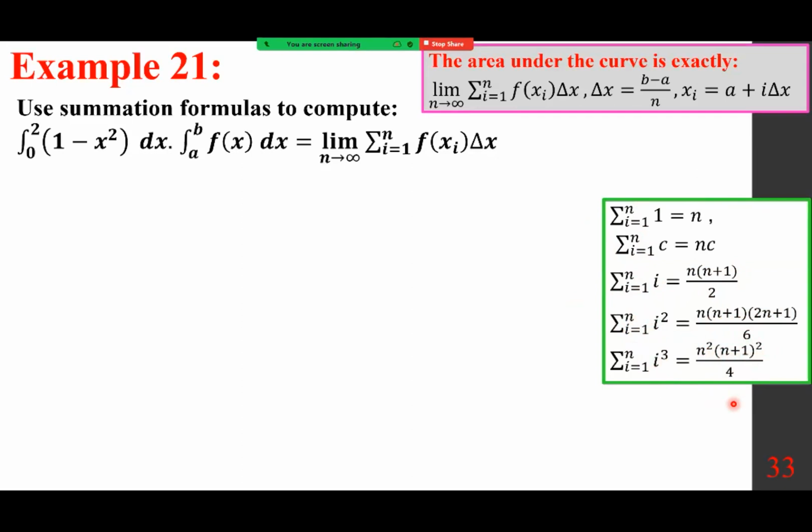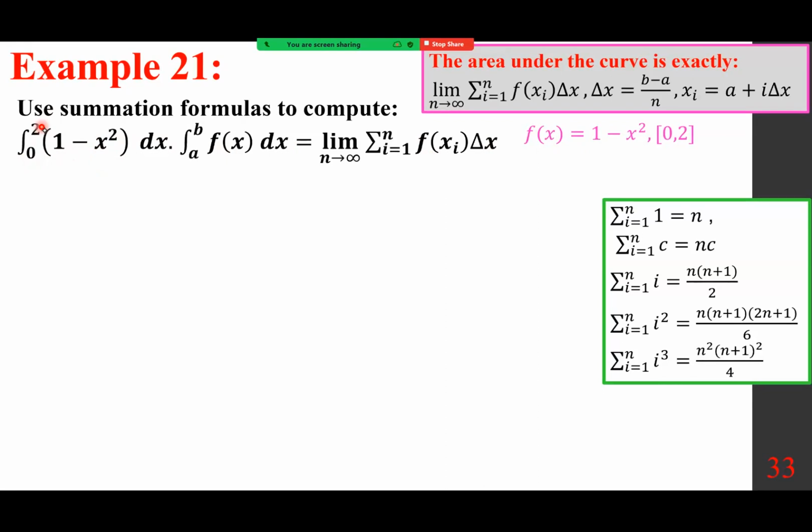So according to this, the function is 1 minus x squared, and it's going to go from a to b, meaning 0 to 2. According to this, f of x is 1 minus x squared, and a is 0, b is 2. So that's the first thing we need to notice.